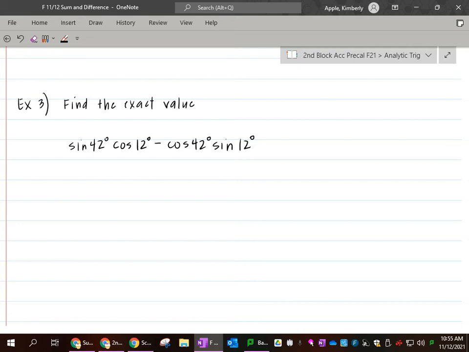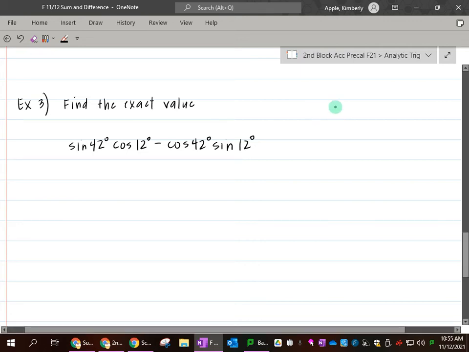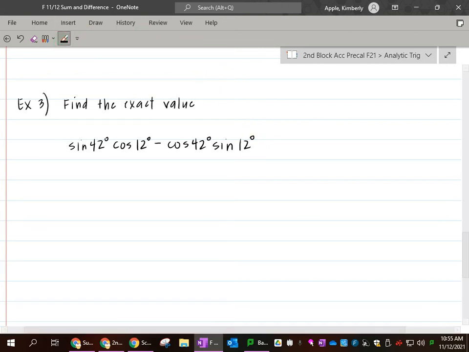Because you've got several patterns. If you're looking at A plus B for sine, it's sine, cosine plus cosine, sine. If you're looking for A minus B, it's sine, cosine minus cosine, sine, which is this one. And then the cosines are cosine, cosine, and here I have cosine, sine. So you're going to have to look and see the pattern, right? Without looking at it, hearing me say it just sounds like a bunch of gibberish.